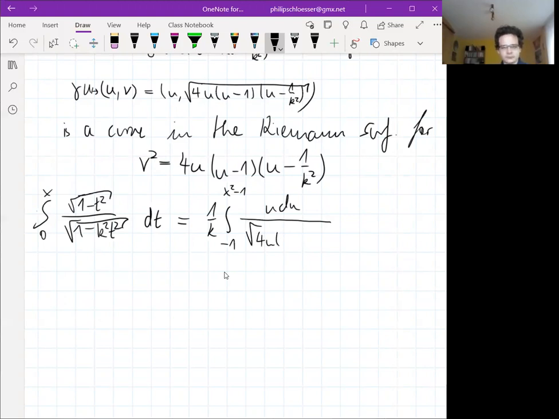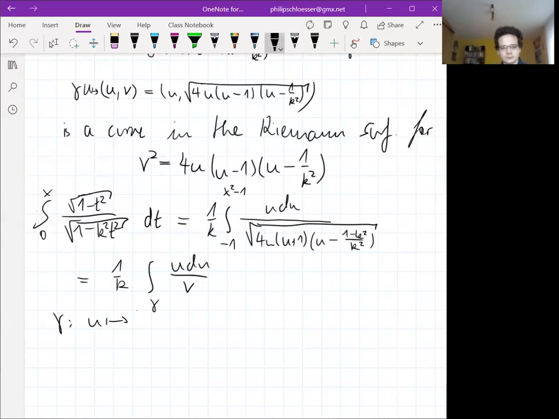And here we have u minus 1 minus k squared over k squared, which we can now write as 1 over k times the integral of u du over v along the path u maps to u comma v, which is u comma, well, that square root expression here.